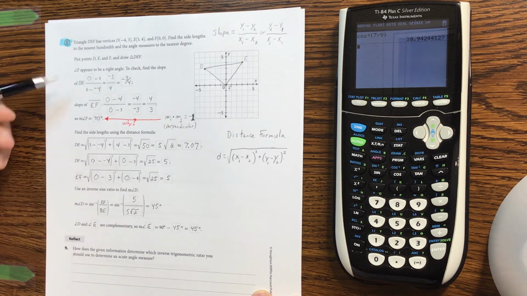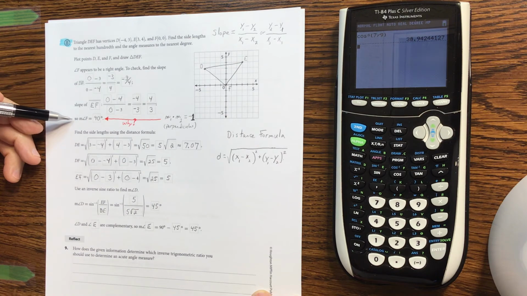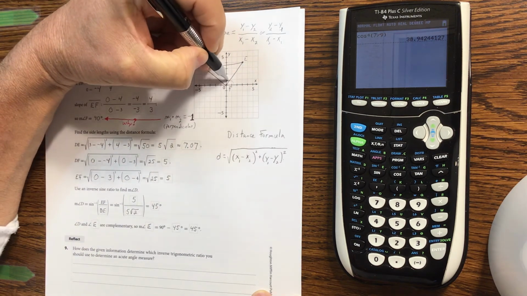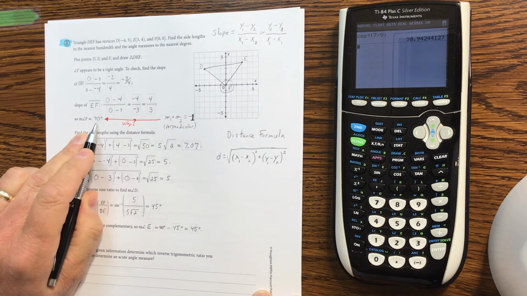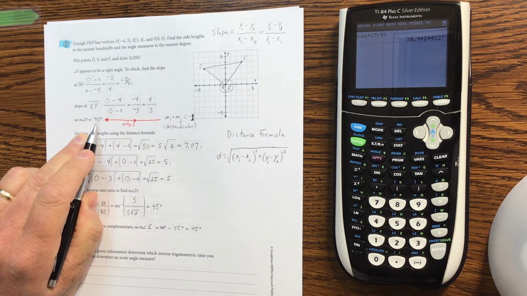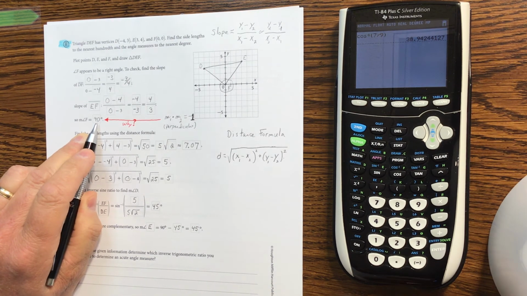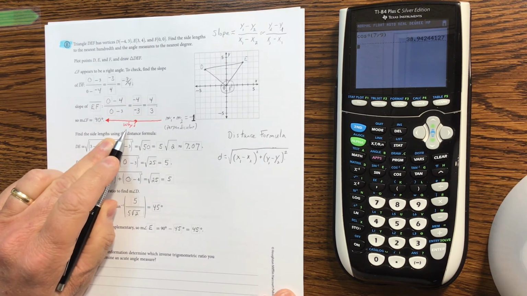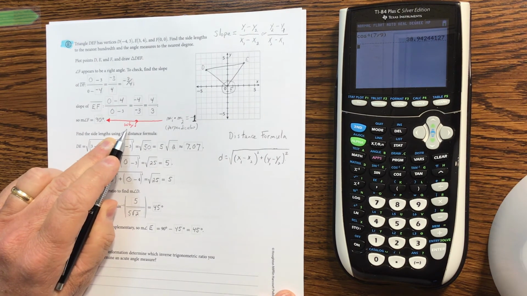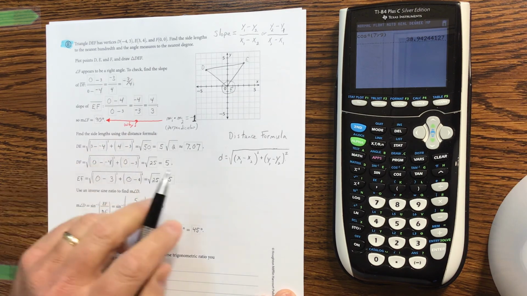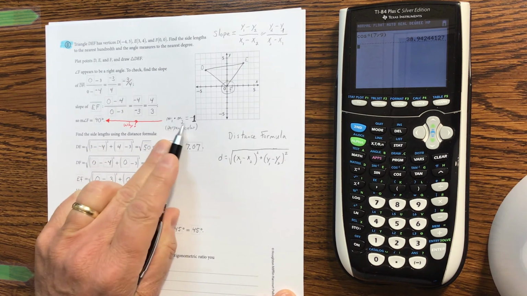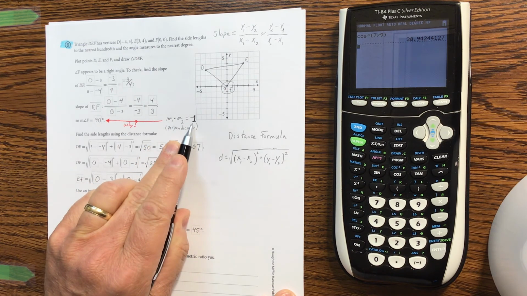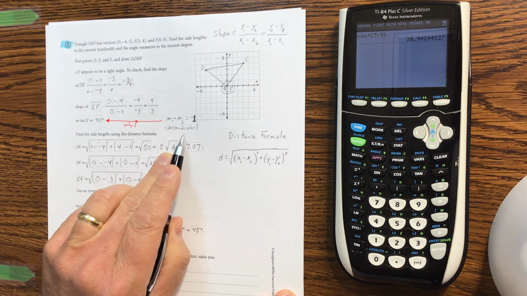All right, now this next part is going to tell us right off the bat that angle F is 90 degrees. Now, I know some of you probably got stuck right there. You're probably saying, why? Well, one of the rules that we dealt with a while back, you probably forgot about it, is that anytime you have two slopes and their product is -1, that means it's going to be a perpendicular line.